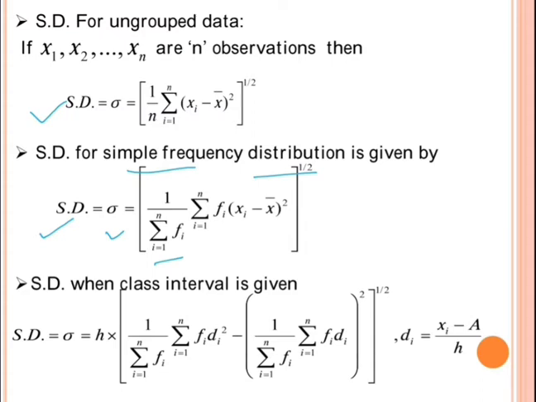And the last one is standard deviation when the class interval is given: sigma equal to h into (1 upon sigma fi into summation fi di square minus (1 upon sigma fi into sigma fi di) whole square) raised to 1 by 2, where di is equal to (xi minus a) upon h. We can remember these formulas by regular practice. It is very easy to remember. It's not so difficult as we can see here.